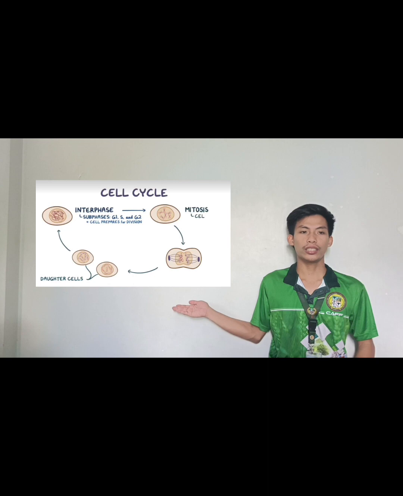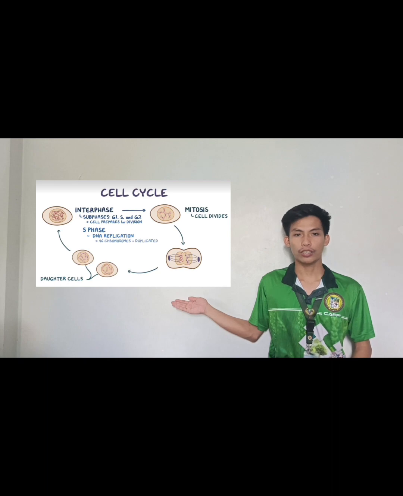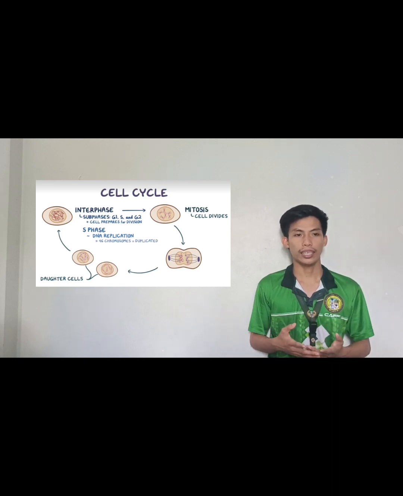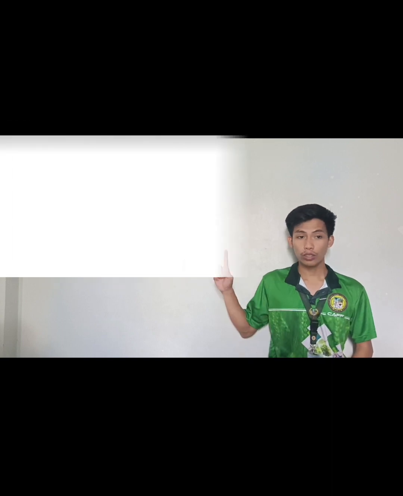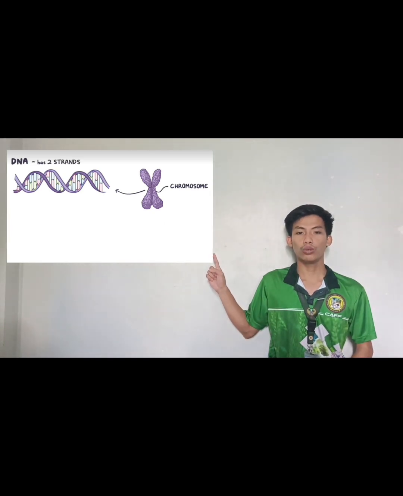Then mitosis, in which the cell divides. Then the S phase, in which cells perform DNA replication, so that the 46 chromosomes are duplicated. Take note that a single chromosome is made up of a single DNA molecule that has two strands forming a double helix.